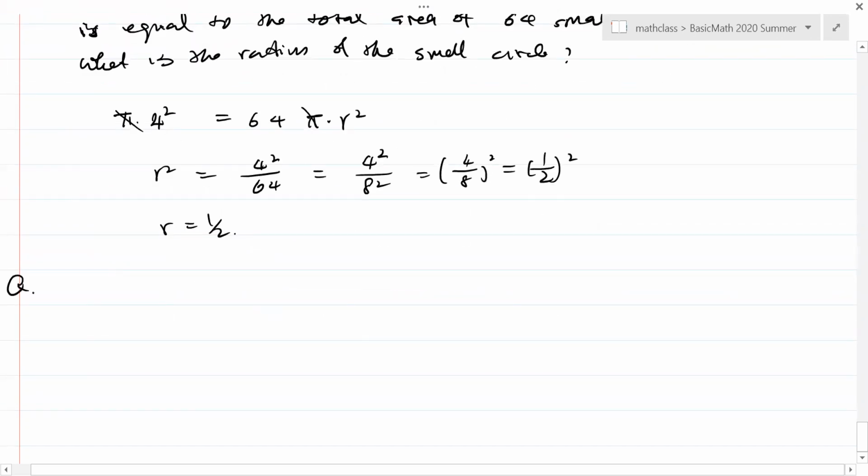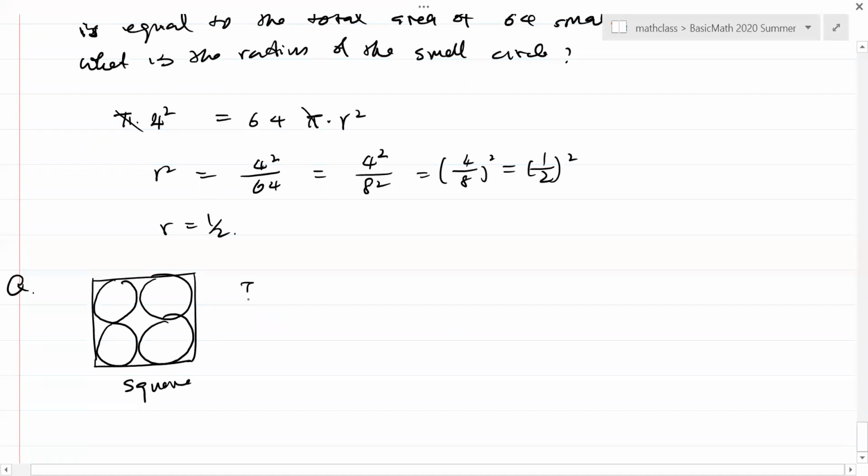Right, our next problem is I have a square. Inside the square, I have 4 congruent circles. 4 identical circles are inscribed in a square.